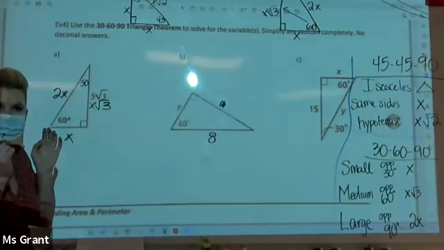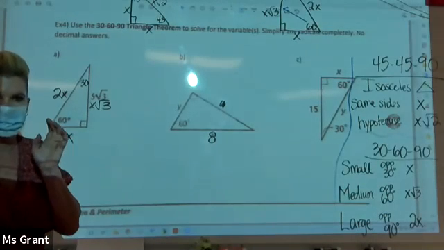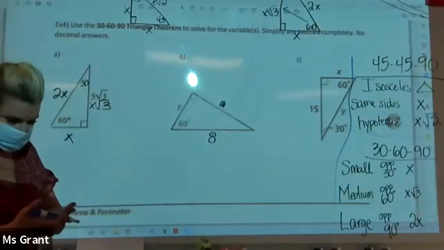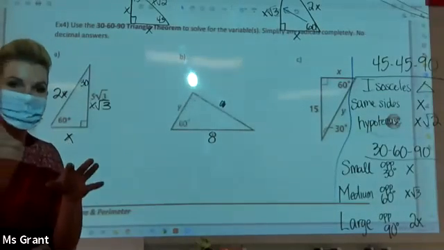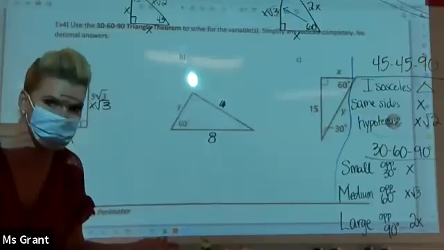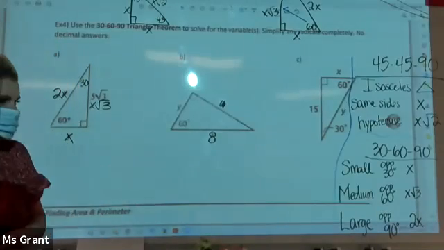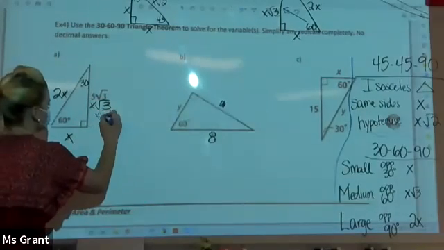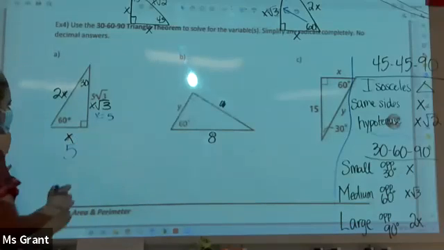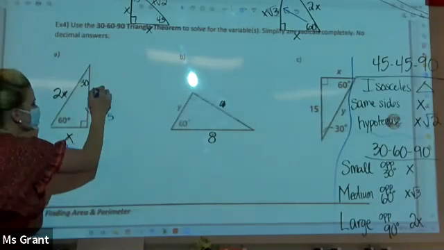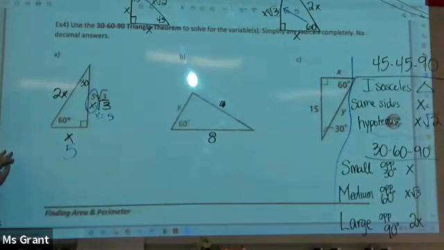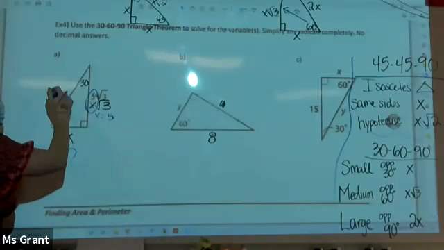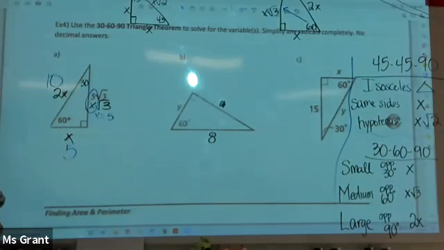New people, if this takes forever, this takes forever. Come on, help me out here. X is 5. That means that this one is 5. Because look, 2X is 10. Good, good, good.